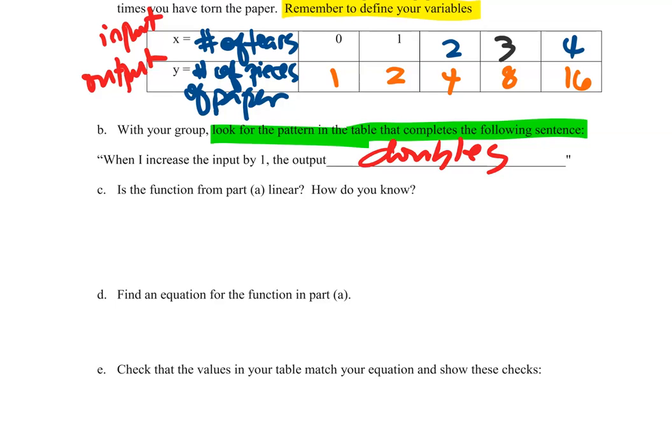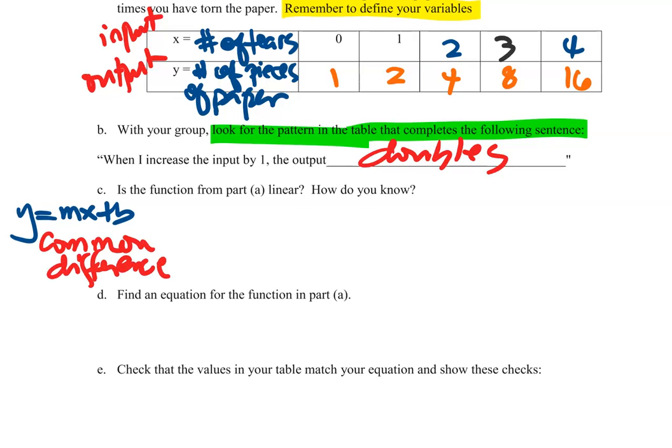Let's start with what we know about linear functions. We know that y equals mx plus b, meaning there is a common difference. Let's check our table. 2 minus 1 is 1.